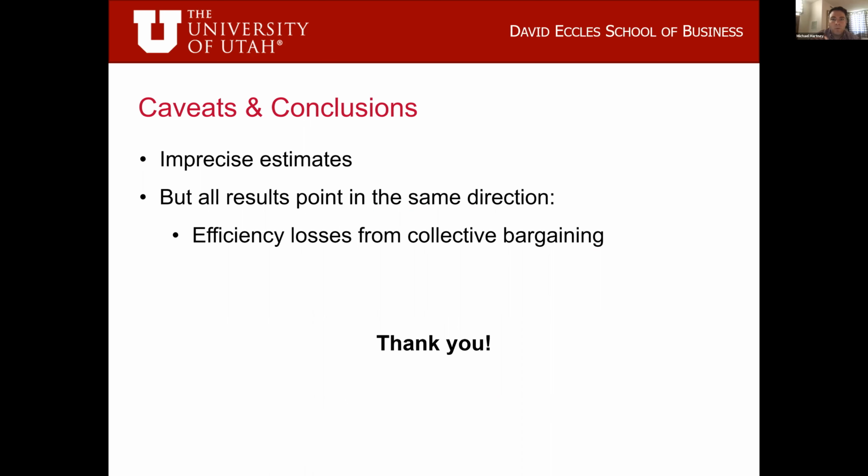Can I add just one other quick suggestion? Yeah, please. I think this would help your power. It's a little bit of a different way of getting at this than looking at the bond election.